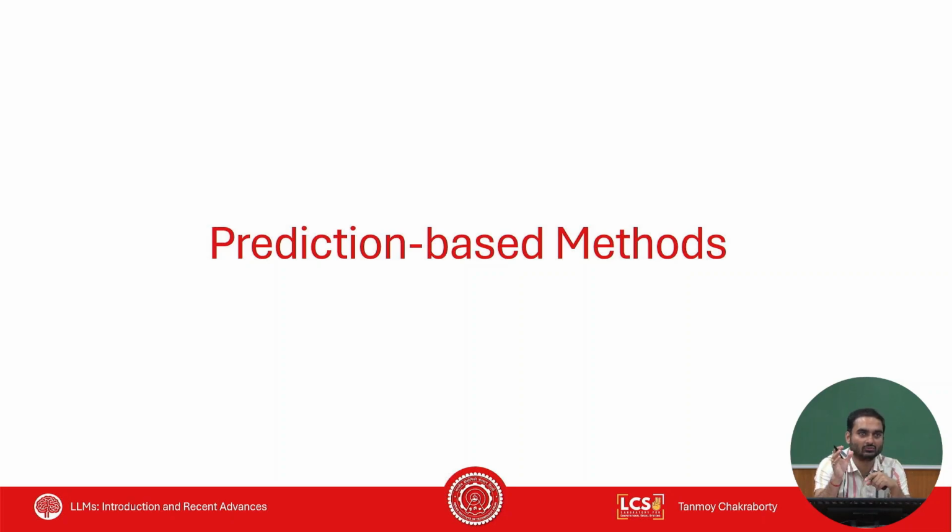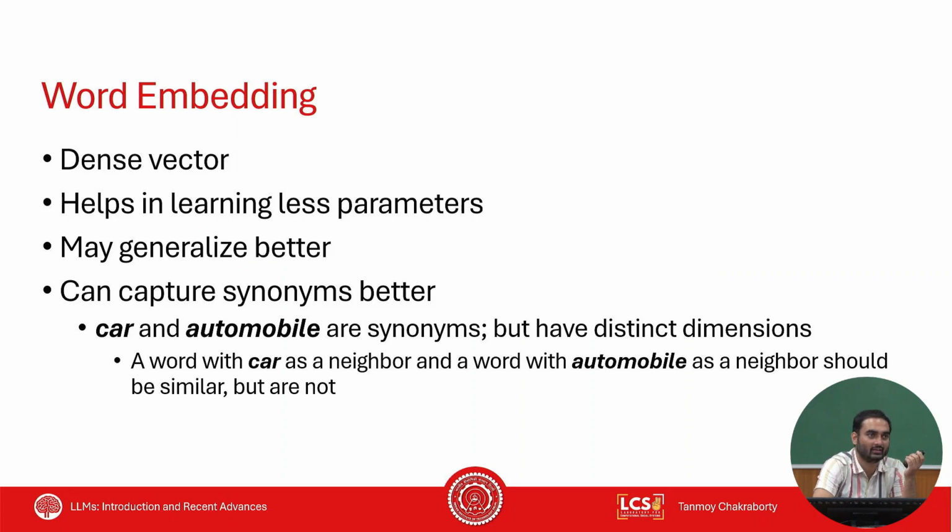Let us go back to 2013 when Google's Tomas Mikolov and Jeff Dean came up with the idea of word vector, and this term was coined at that time. A word vector is nothing but the vector that we have been discussing, but it is dense now. It is not of size 1 million. The size could be 100 or 200 or 500. So a word vector is a dense vector.